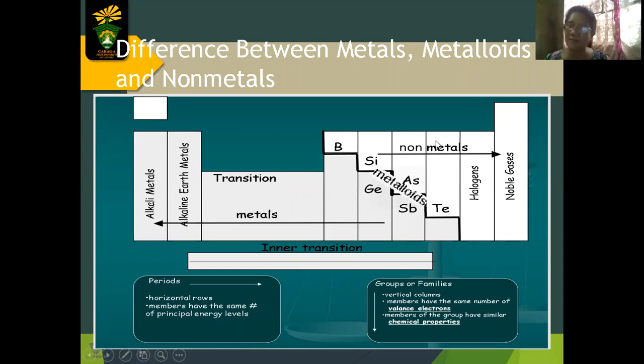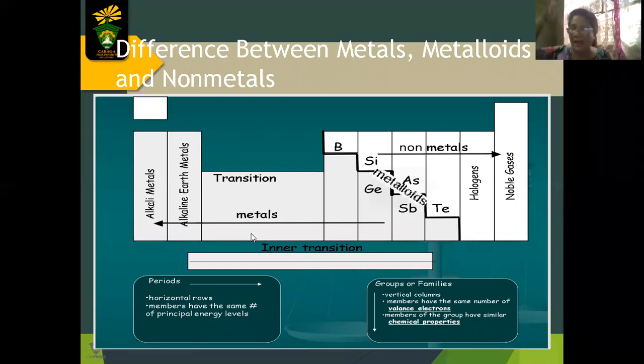So that is the distinguishing characteristic of the period: they have the same principal energy level. This part here is the S orbital, this part is the P orbital, this part here is the D orbital, and this part here is the F orbital.